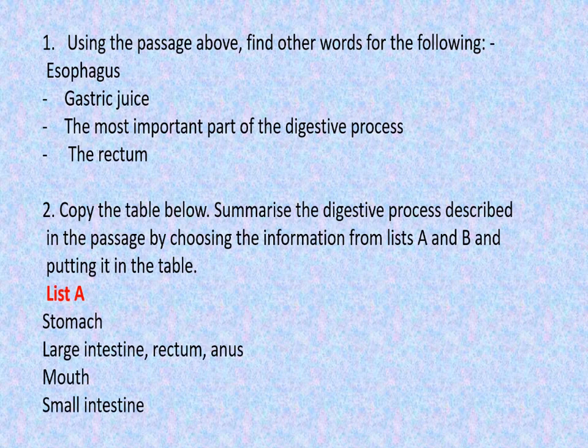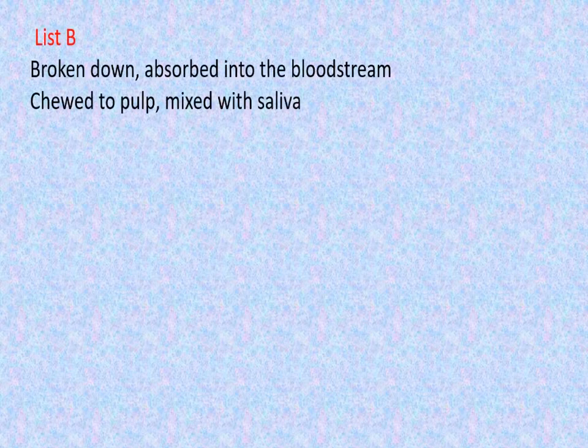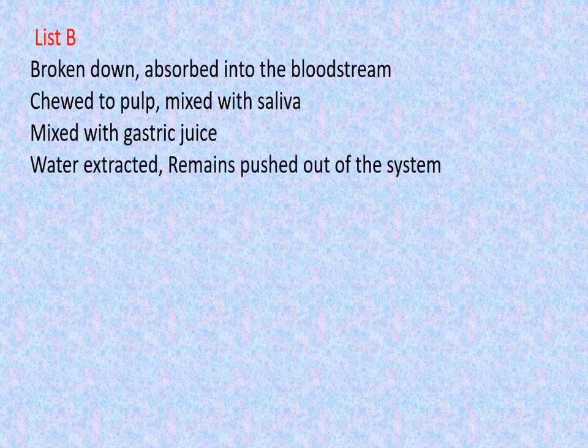List A has stomach, large intestine, rectum, anus, mouth, small intestine. List B has broken down, absorbed into the bloodstream, chewed to pulp, mixed with saliva, mixed with gastric juice, water extracted, remains pushed out of the system.